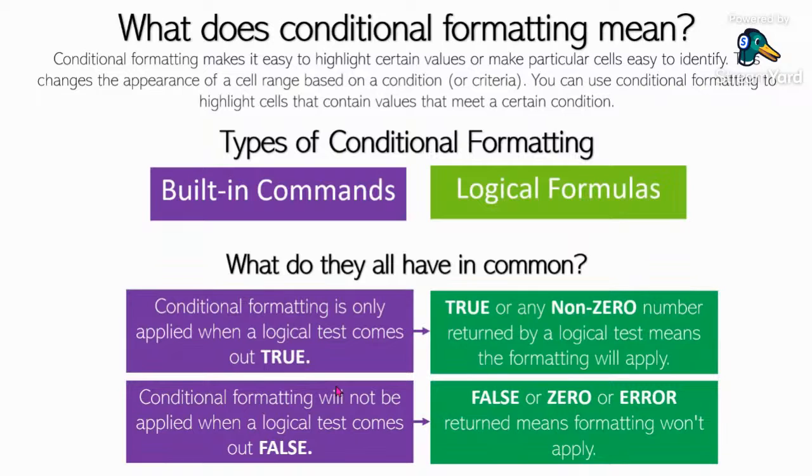If you get a zero, it simply means the conditional format will not apply because we know that a zero in Microsoft Excel is, in other words, a false. And a false is also a zero. A true is a one or any non-zero number. You get the idea? But these are things that we shall understand when we touch our logical functions class, okay?